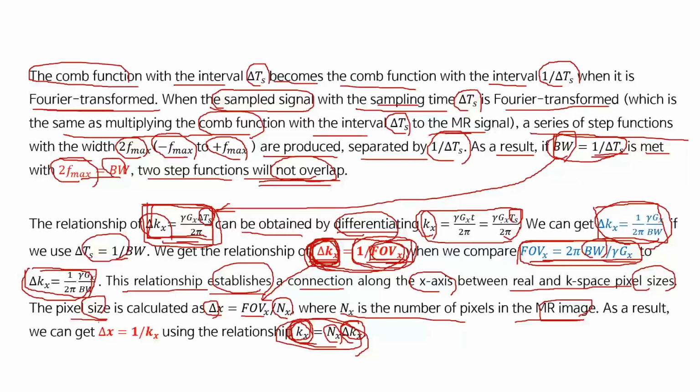Then we have this relation. So this gives the pixel size in the image space, and Kx is the size of the x direction in k-space. So you have this relationship, and it gives the relation between the size in k-space and the real space.